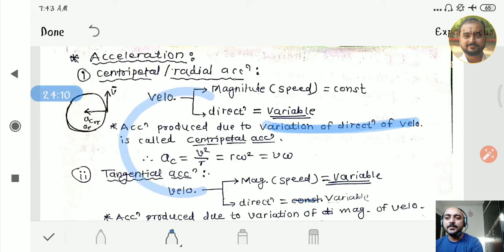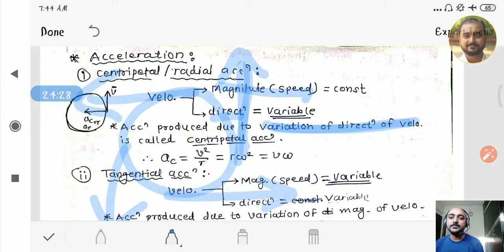While performing the circular path, this velocity has both magnitude, which is called speed, as well as direction. The magnitude remains constant everywhere, but the direction of this velocity is undergoing change, and so the velocity changes because of direction.